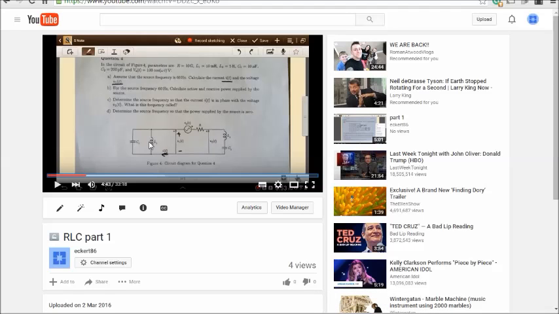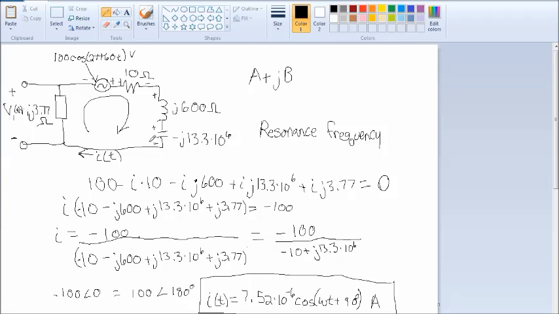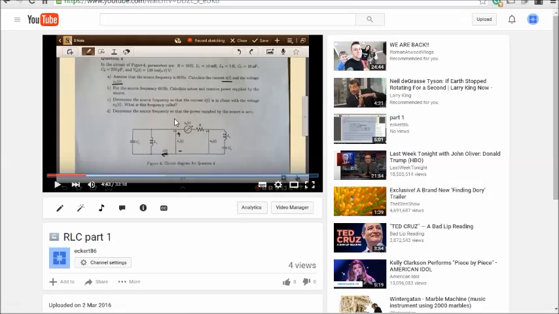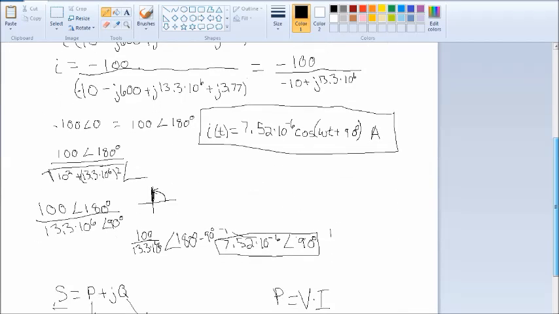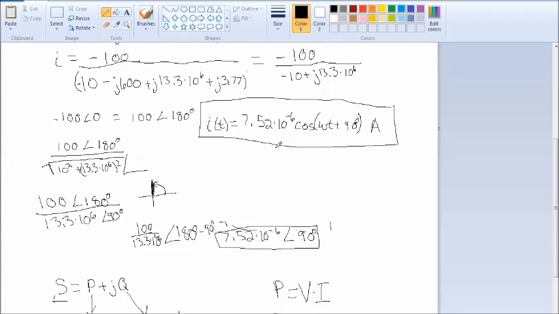So, determine the source frequency so that the power supplied by the source is 0. Again, you're going to have to come up with an equation for the power of the source, like we just said. So you're going to come up with an equation or a function for I of t, but it's going to be dependent on the frequency.